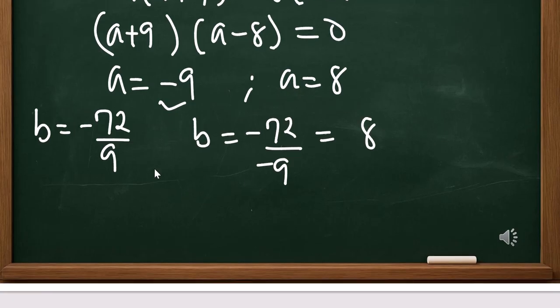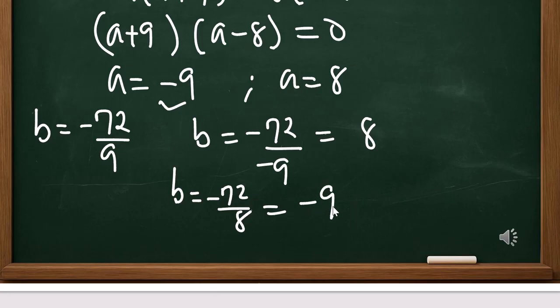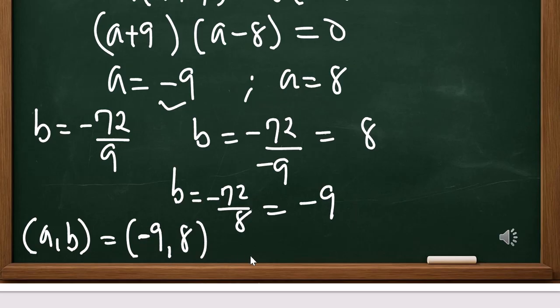And for case number 2, I can have my b to be negative 72 over 8, and this is going to be negative 9. Finally, for my (a, b), I have the two solutions. When a is negative 9, b is 8. And also, when a is 8, b is negative 9.